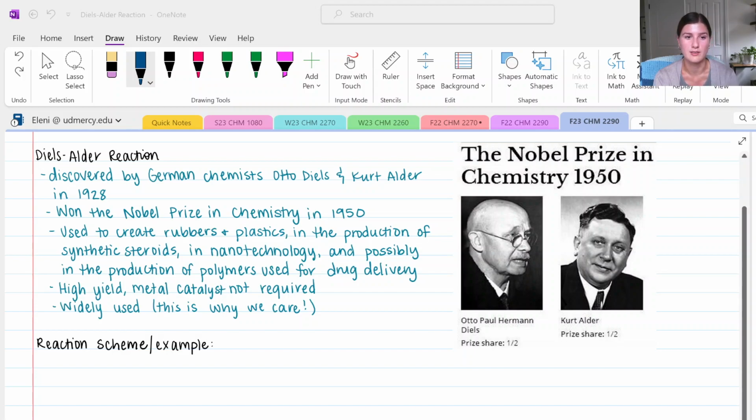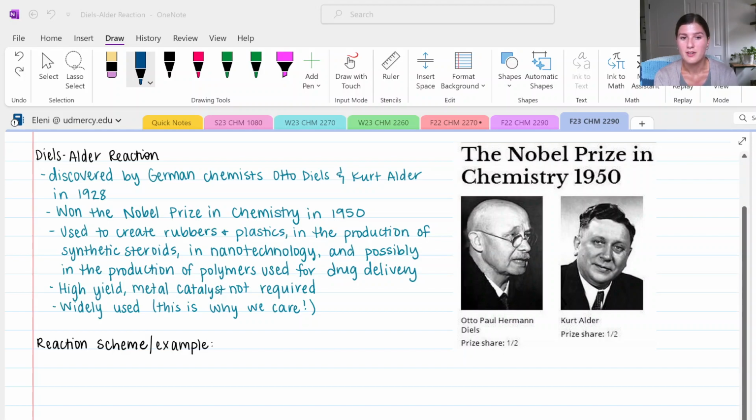This reaction is very widely used and important in the field of chemistry because it produces a high yield of product. So for a lot of the reactions that are put into the reaction, you get out a high yield of the desired product, and a metal catalyst is not required.